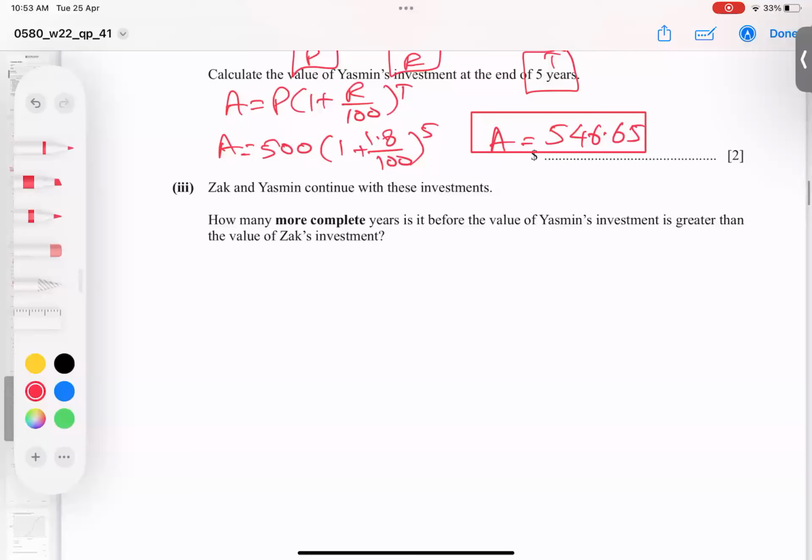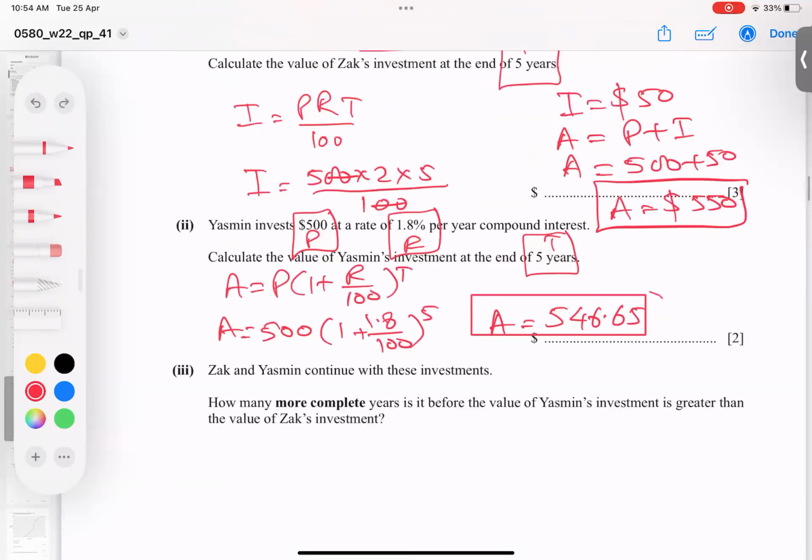The next part is: Zach and Yasmin continue these investments. How many more complete years are there before the value of Yasmin's investment is greater than the value of Zach's? Now, first of all, check it. Yasmin's net amount is smaller than 550, so we have to check. So after 5 years she has this much money.